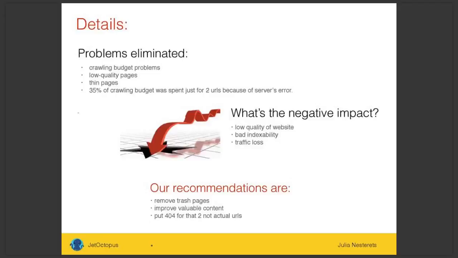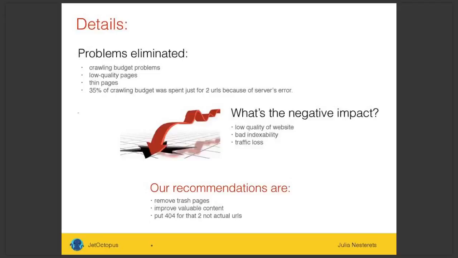What is the negative impact of it? In this particular case, there are a lot of really valuable articles, and the webmaster spends resources, time, and money on making this content. But when there are thin pages, thin articles, and thin content, the overall perception of the whole website by bots can be really low.